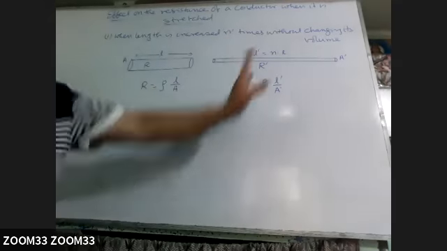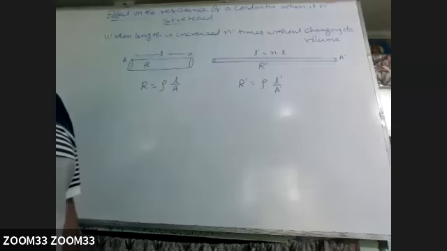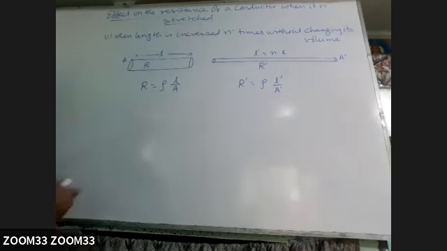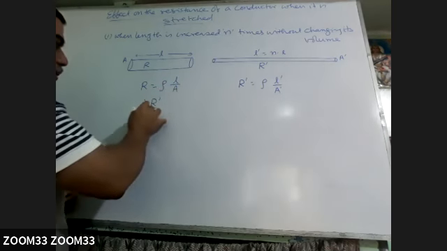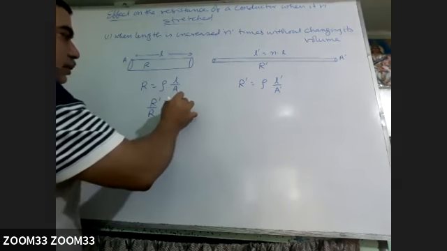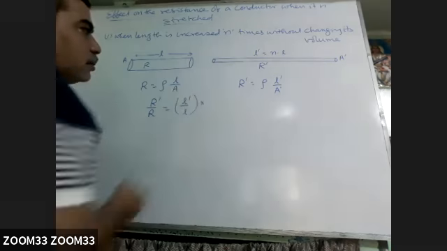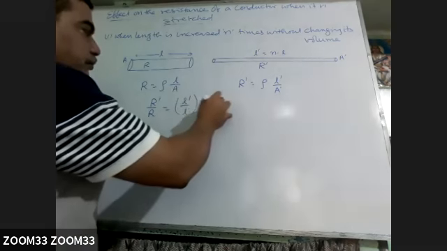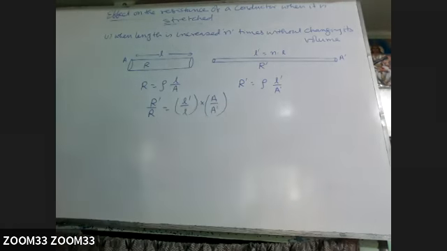As there is no change in the material, R is this much, R dash is this much. So in general, if everything changes, then R dash over R will be L dash over L into A over A dash.